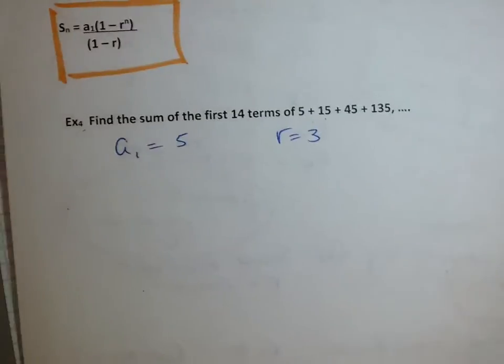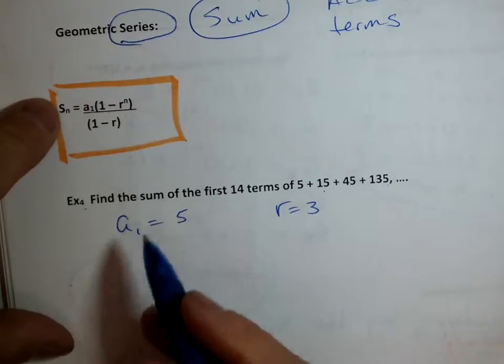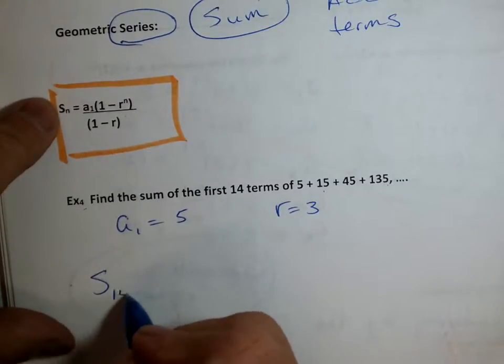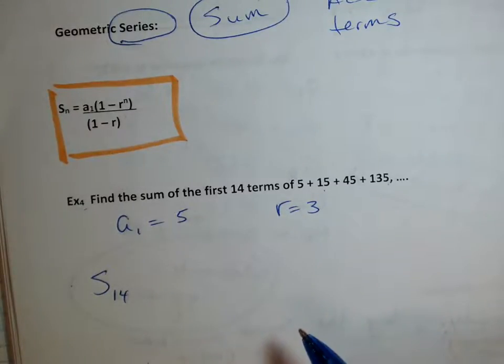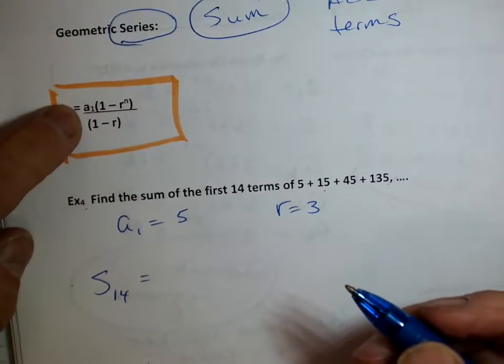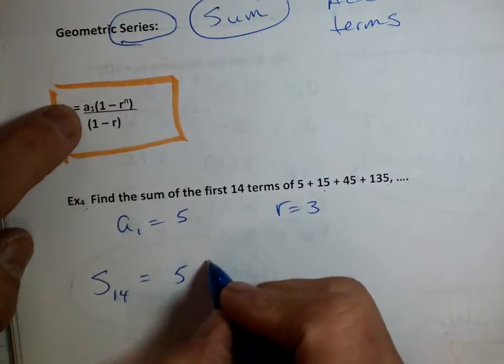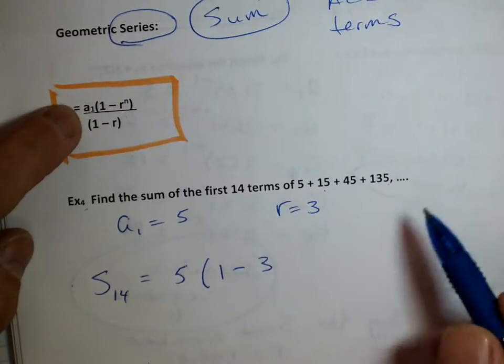So here's our problem, example 4. Let's use our formula. We want S of 14 because we're looking for the sum of the first 14 terms. We're just going to add them up. Now you could, if you wanted to, just keep adding on your calculator. It'll work, but what a pain. The formula is so much better. So A1 is 5, times parentheses 1 minus r, which is 3, to the n power.